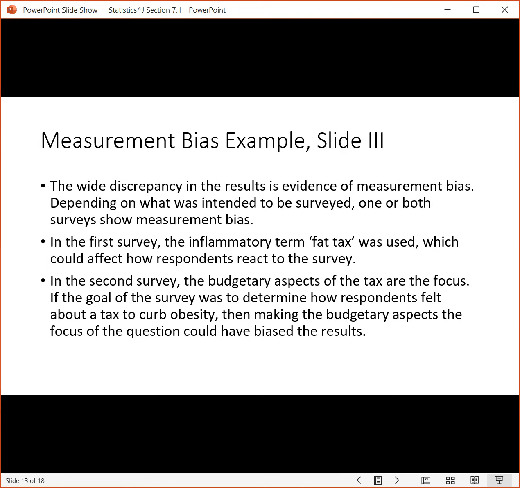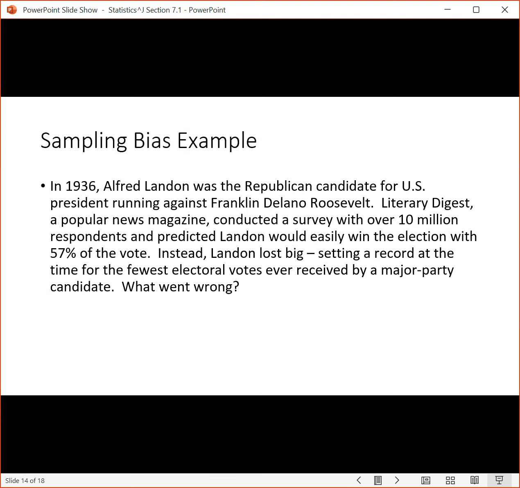The wide discrepancy in the results is evidence of measurement bias. Depending upon what was intended to be surveyed, one or both surveys can be considered to have measurement bias. In the first survey, they used the inflammatory term fat tax, which could affect how respondents react. And in the second, the budgetary aspects of the tax are the focus, as opposed to the goal of using a tax to curb obesity. Okay, so that's measurement bias.